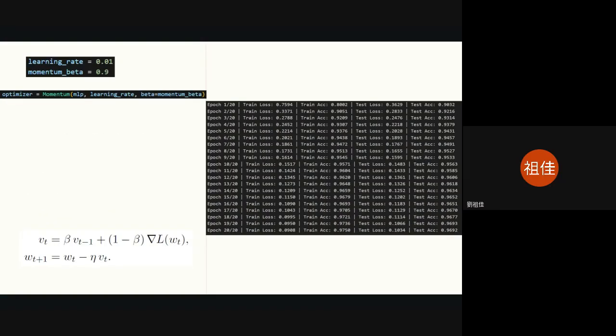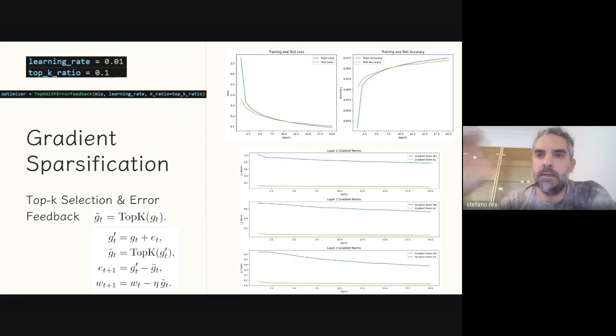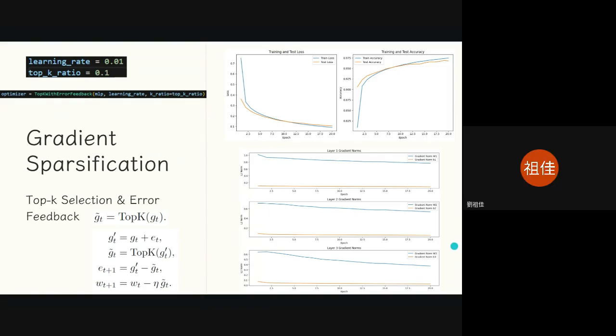Okay, next page. So next is the gradient sparsification. Here we set the top-K ratio to 0.1, which means that we use 0.1 of the total neurons to make the top-K. We can see that the intersection of the test accuracy is around 7 to 8 epochs.